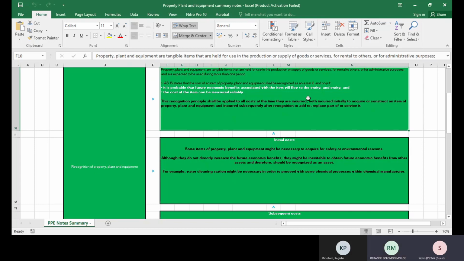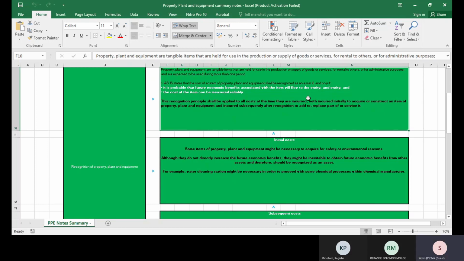You understand? It seems confusing, but it is actually simple. It's not confusing, it's just I didn't know how to explain it. Exactly. This is how you explain it. So for us to be able to be sure that we will generate future economic benefits, we must be able to identify a service level agreement or contract with these clients, because already they are binding them to say we can sell to them this milk.